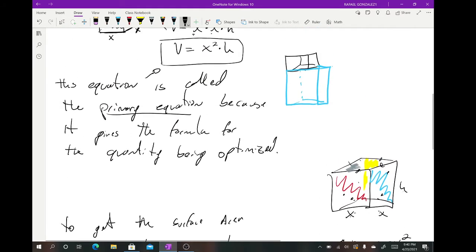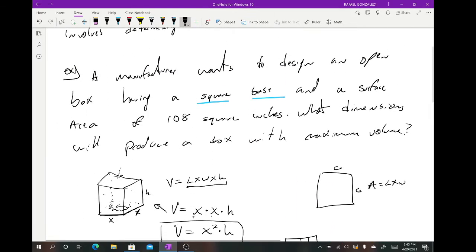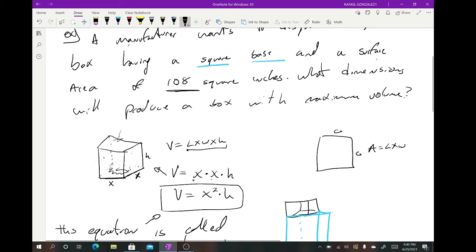And why do we need the formula for the surface area? Well, because the manufacturer wants a surface area to be of 108 square inches. So if we want to optimize the volumes, we want to find the maximum volume for this problem.